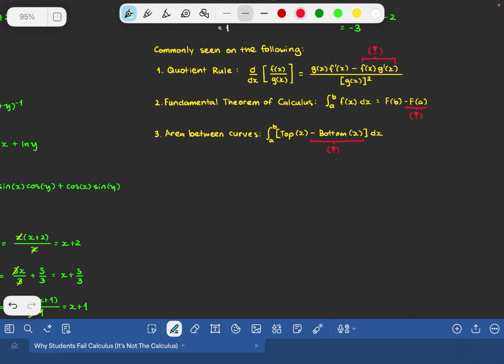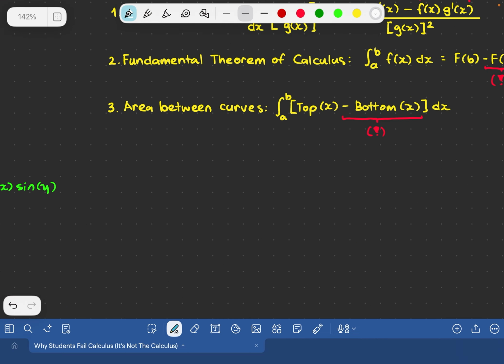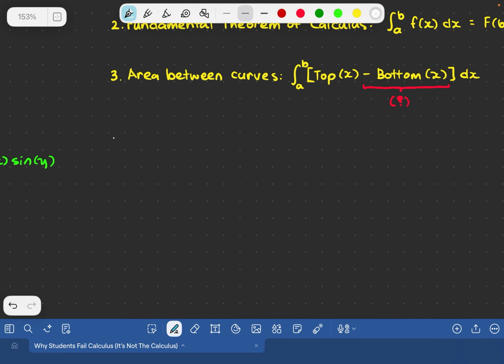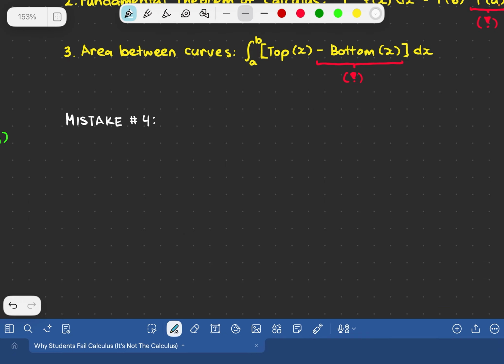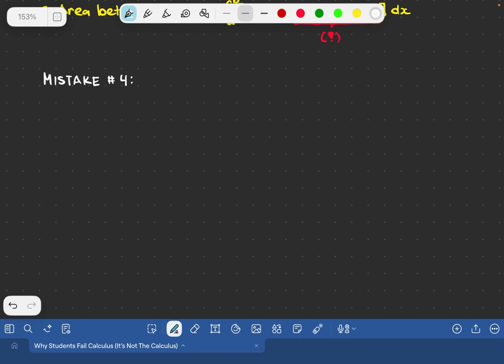Okay, so last mistake for this one. Let's write it here. Mistake number 4. This fourth mistake is, let's just name it, trigonometric notation.